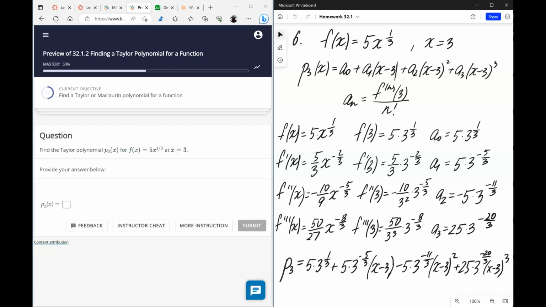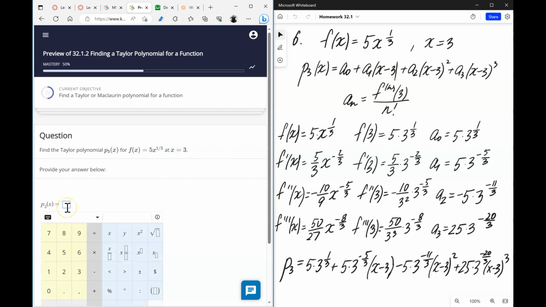Yes, it's not pretty, but it is what it is. 5 times 3 to the power 1 over 3 plus x minus 3, so negative 5 here, minus, squared plus 25, negative 20 over 3 x minus 3 cubed.